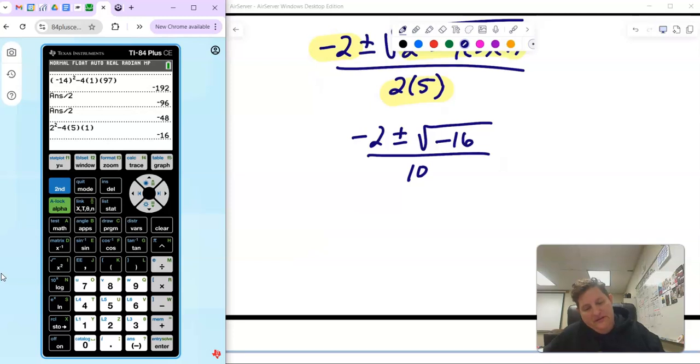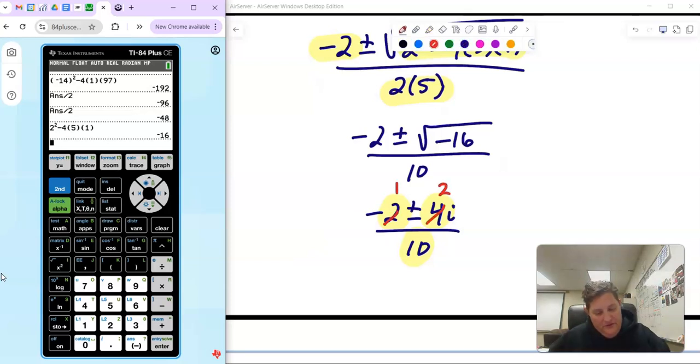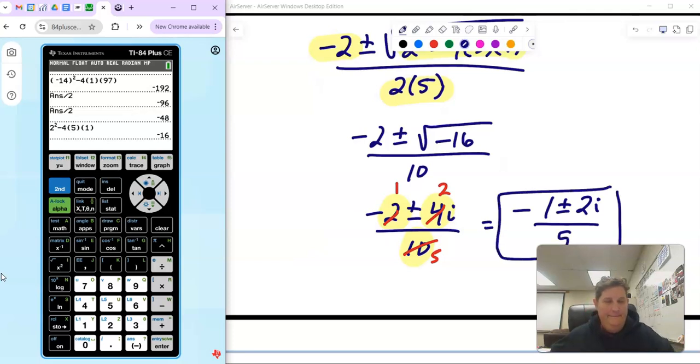The square root of 16 is 4. But because it's got a negative in there, it's 4i. And then we just simplify those. 2 goes into everything. 1 time, 2 times, 5 times. So my final answer is negative 1 plus or minus 2i over 5. Okay?